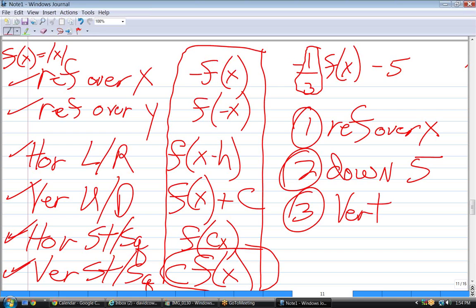Okay, this gets a little more complicated. It's a vertical stretch if this number is greater than 1. It's a vertical squeeze if that number is between 0 and 1. This is 1/3, between 0 and 1, so it's a vertical squeeze. Sometimes they call these scrunches. They both mean the same thing.